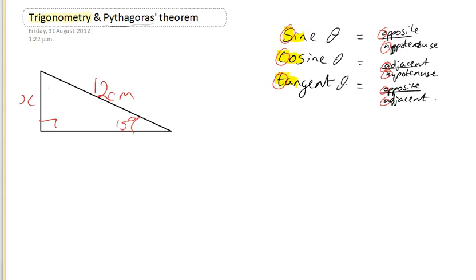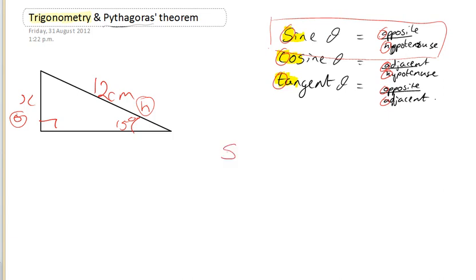Now if I look at that triangle, if I label the bits I've got, this is my longest side, so that's my hypotenuse. This is opposite the angle, so that's my O. And there's my angle, so the rule I'm going to use is sine, because it's got the opposite, which is what I want to find. It's got the hypotenuse, which is what I've got, and it's got the angle.